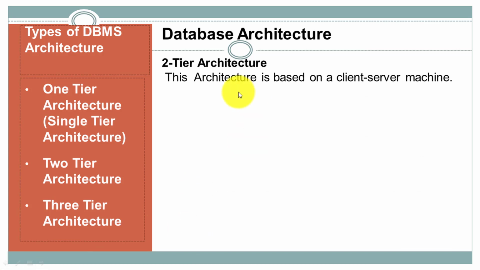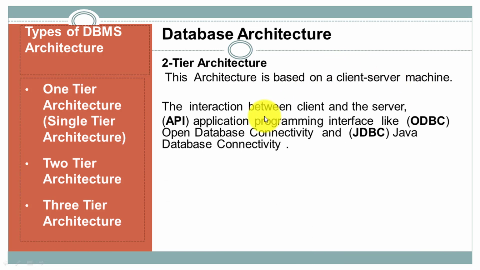This architecture is based on the client server machine. The interaction between client and server happens through an API, which resides on the client side, an application programming interface like ODBC, that is Open Database Connectivity, and JDBC, that is Java Database Connectivity.